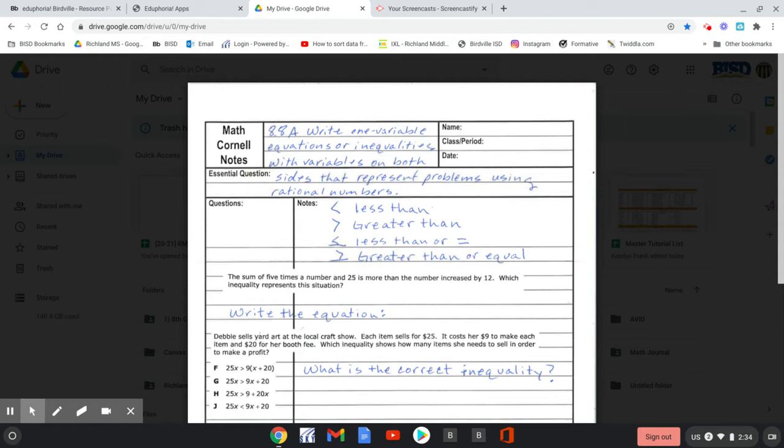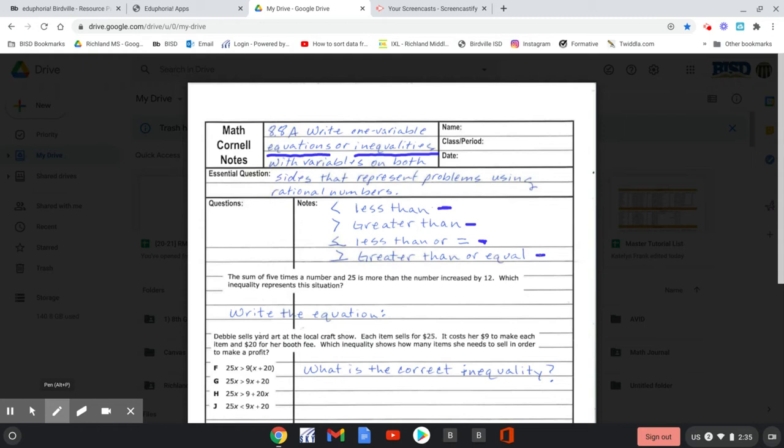Since we're going to do equations, we have equations or inequalities, okay? And just as a recap, you learned that this is the less than sign. You learned this is the greater than sign. We have less than or equal to, and then we have greater than or equal to.